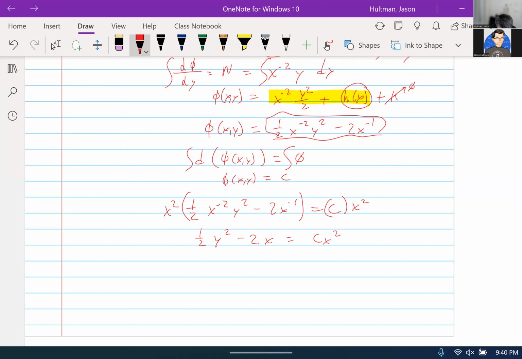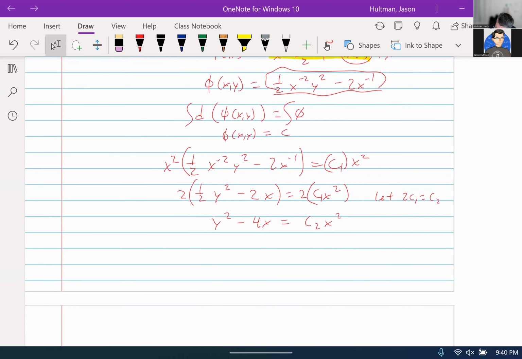Then we can multiply everything through by 2. I'll call this c1, because I'm multiplying through by 2 now. So we get y squared minus 4x equals 2c1 x squared. I'm going to let 2c1 equal c2.